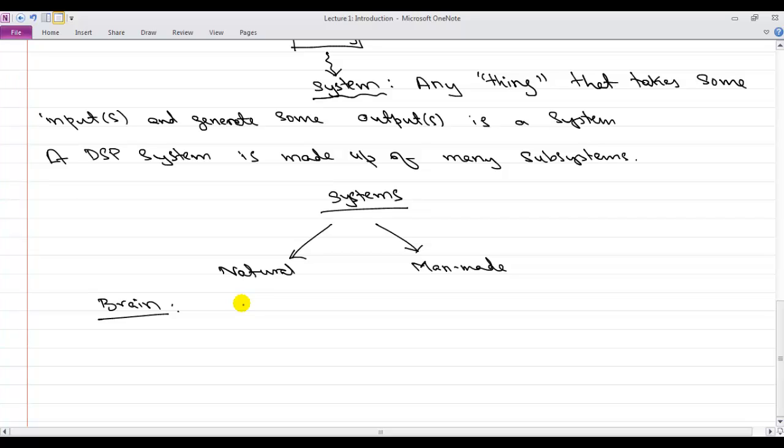You can't write a mathematical model for this brain easily, although it's ongoing research, but it is a system nonetheless. It's a very complicated system, but it is a system. So senses are its inputs, and this system takes more than one input. And actions are its outputs. So I hear a voice, that's an input, and I look around, that's my output.